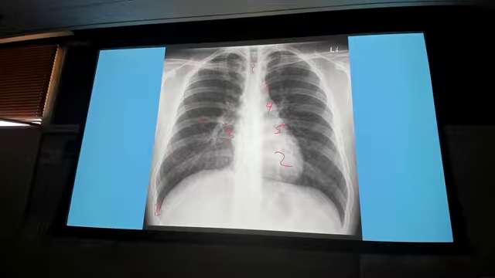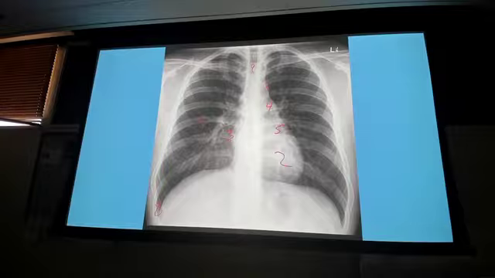It is not posterior. What is 6? Which one? Will that give you time to count? Your 8th posterior rib. Let's count it together.